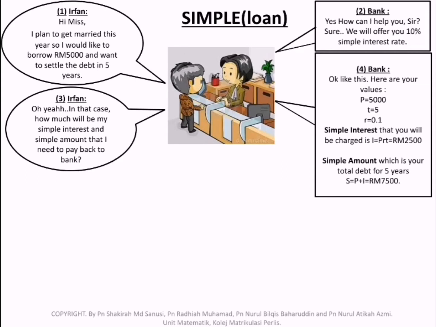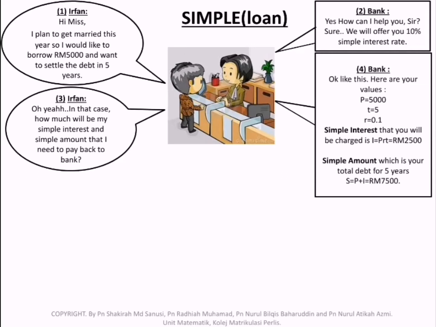Your simple amount, which is your total debt for 5 years, will be S equals P plus I. So the simple amount, your total debt, will be 7,500 ringgit.